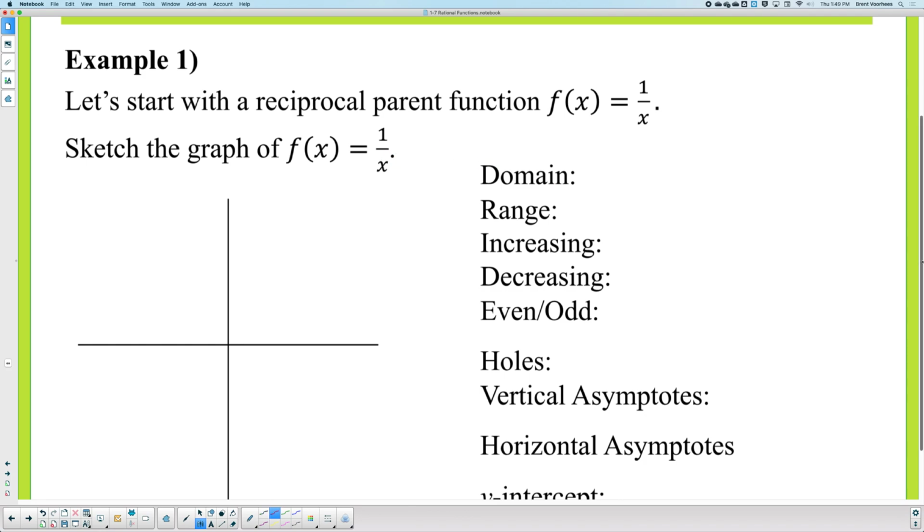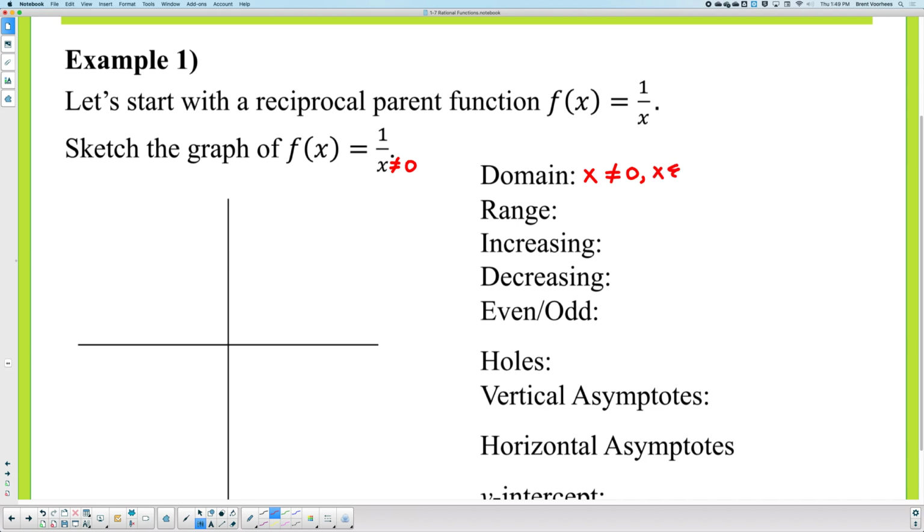The first question I'm going to ask you is when we do a rational, what are you not allowed to divide by? 0. So the first thing I'm going to find out is where the domain does not exist. The domain will be all reals except for where the denominator equals 0. So you're not allowed to divide by 0. There's nothing to solve here, so that means my domain is going to be all reals except for 0.